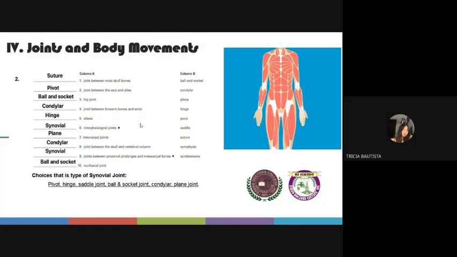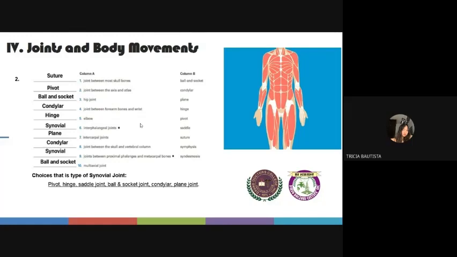And number 3, the hip joint, which is the ball and socket. Number 4, joint between forearm bones and wrist. It is also known as condylar. Number 5, the elbow, which is the hinge. Number 6, interphalangeal joints, which is the synovial. Number 7, intercarpal joints.